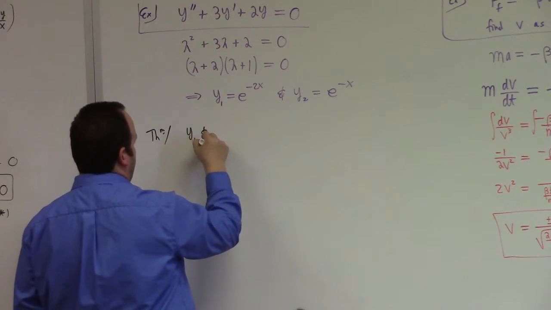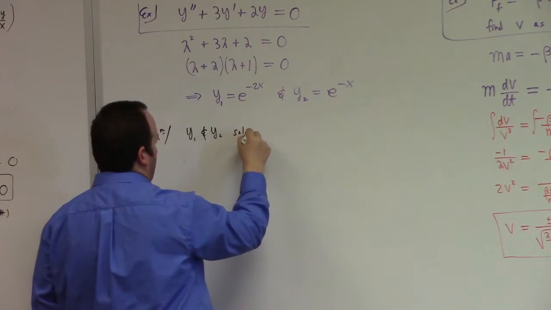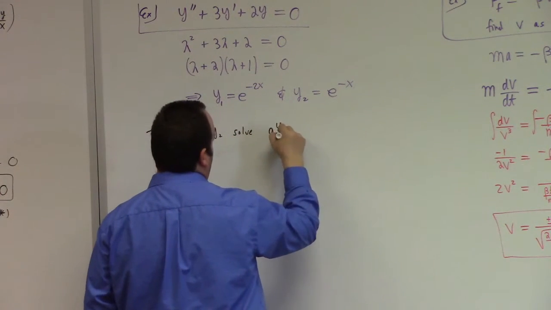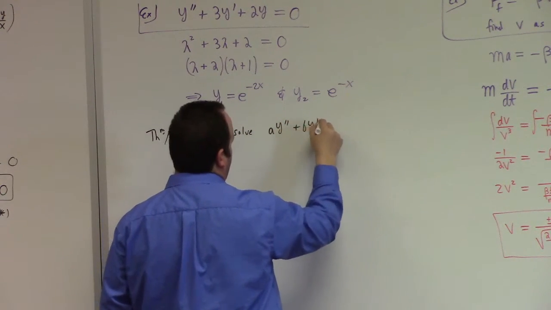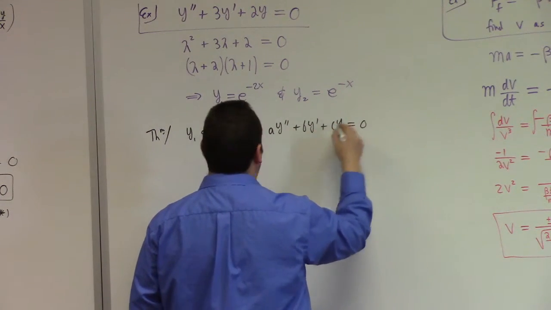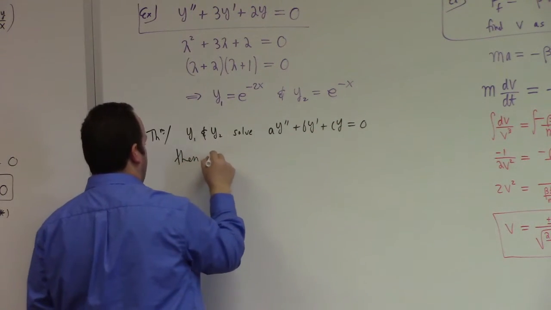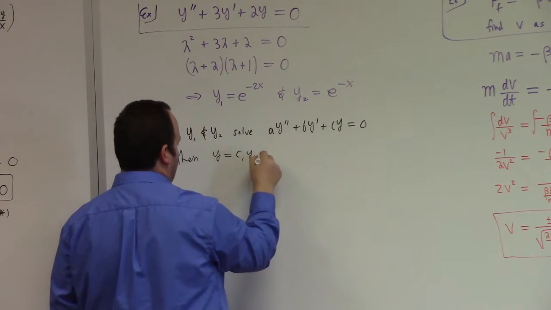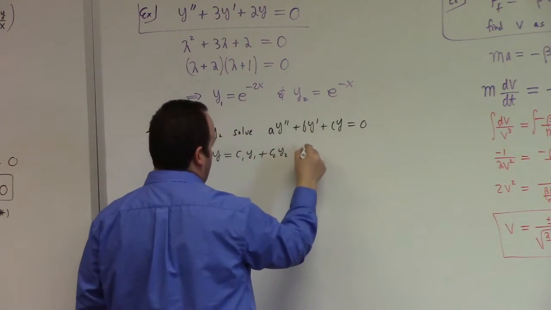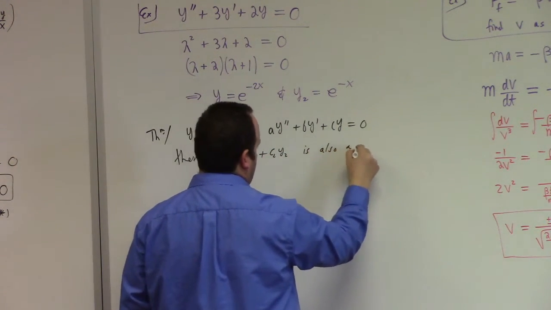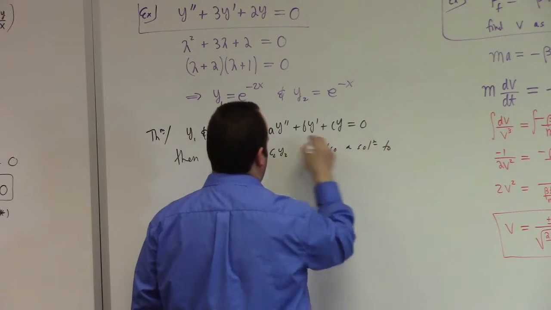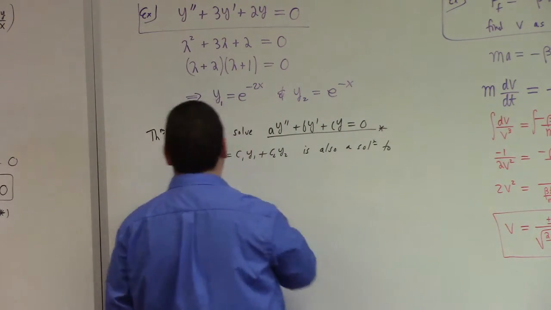If y1 and y2 solve ay prime prime plus by prime plus cy equals 0, then y equal to c1y1 plus c2y2 is also a solution to this.